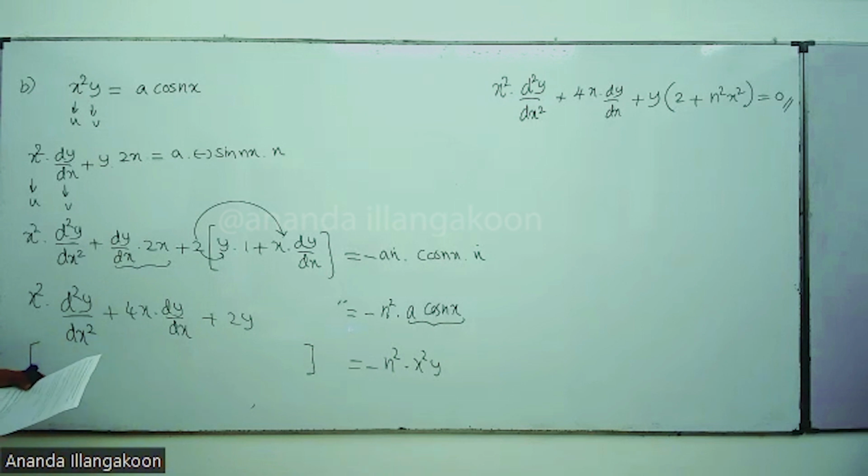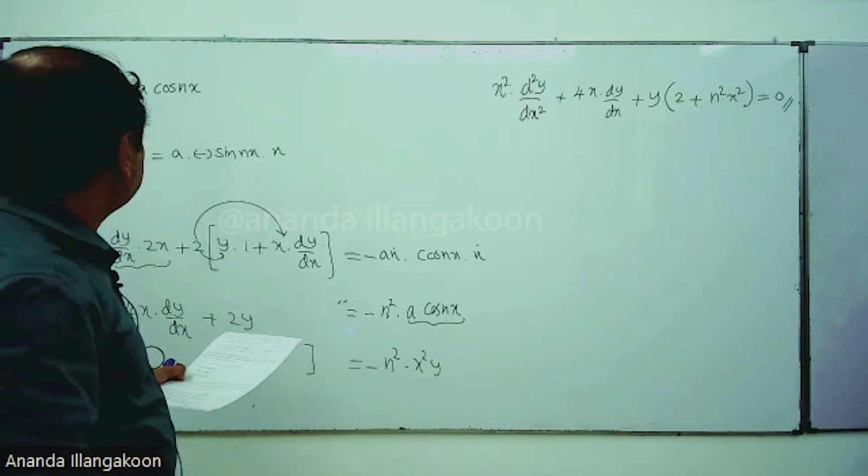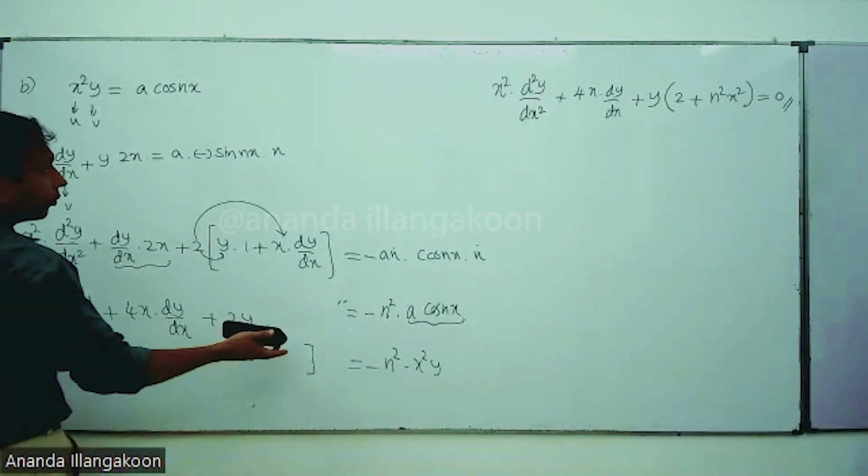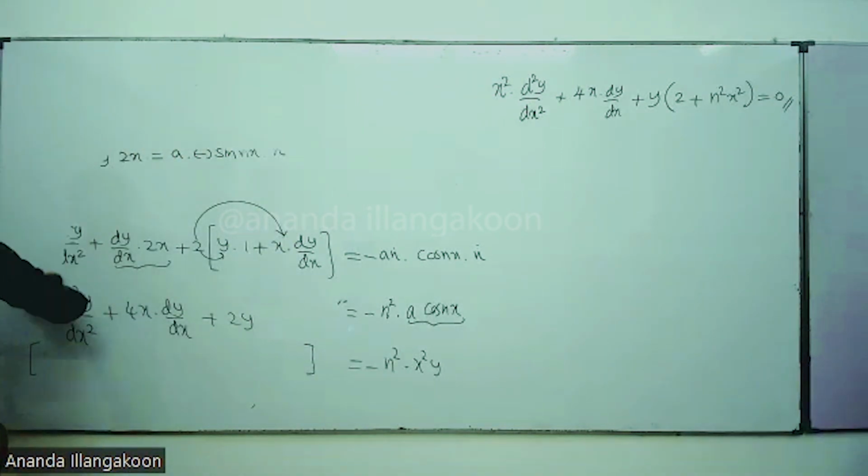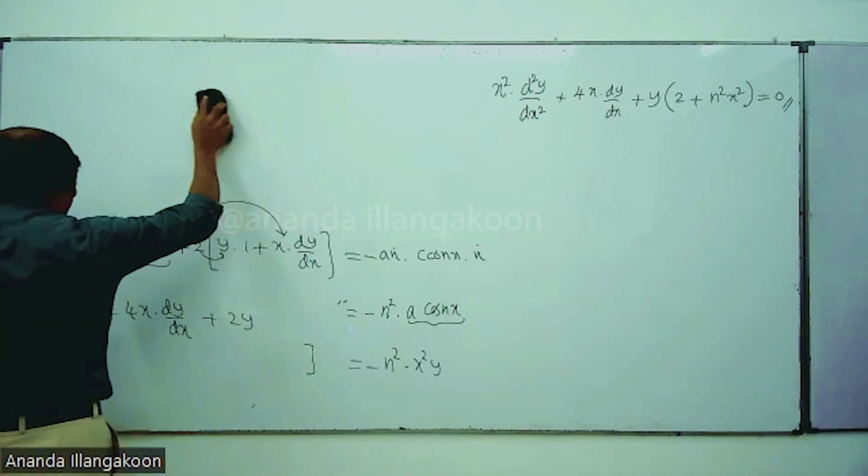The tangent drawn to the curve C at A cuts the x-axis at B, so that OA equals AB, where O is the origin. It is an application of derivative, this part.